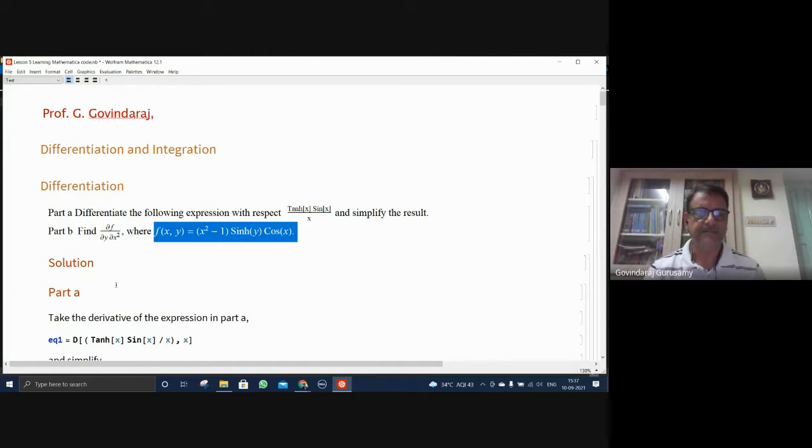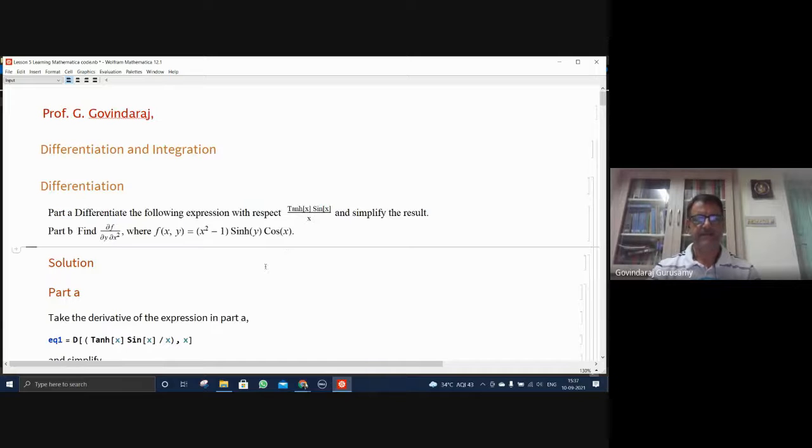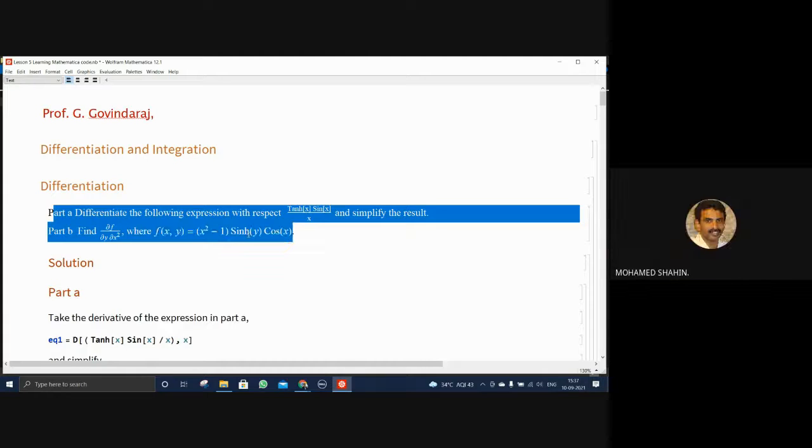And this is the partial derivative of dou f by dou y dou x square, which means the x derivative has been done twice, and then with respect to y once. Clear? Problem is clear? Yes, sir.